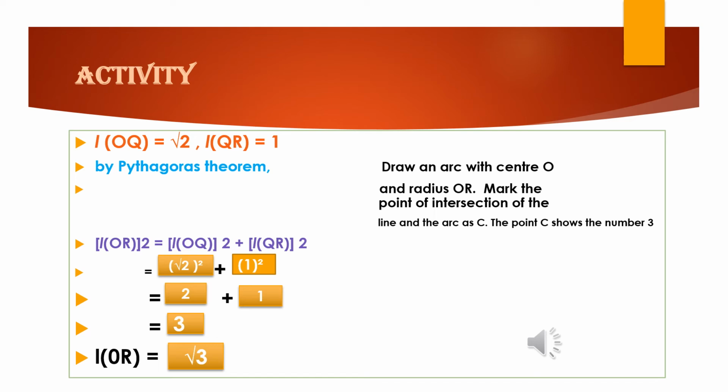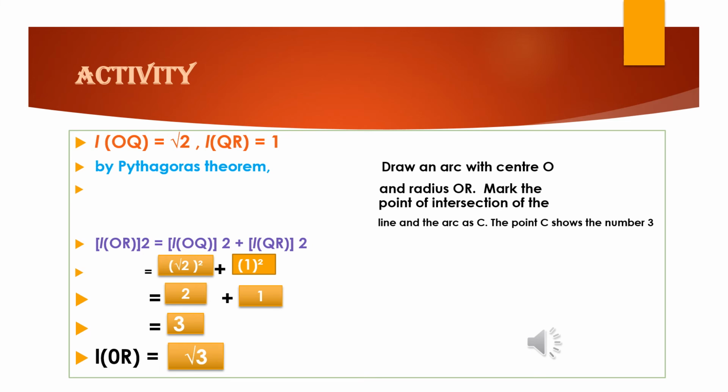From figure we can see that length of OQ is square root 2, whereas length of QR is 1. So by Pythagoras theorem, we can write length of OR square equals to length of OQ square plus length of QR square. So we will substitute the values of OQ and QR.